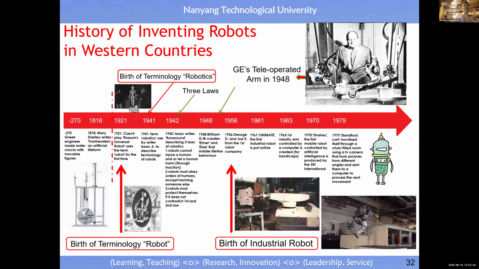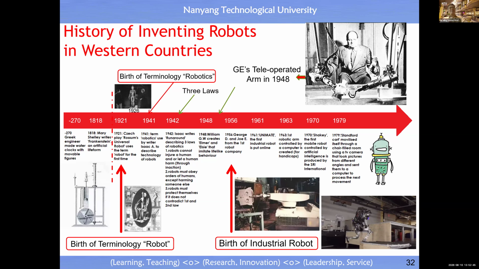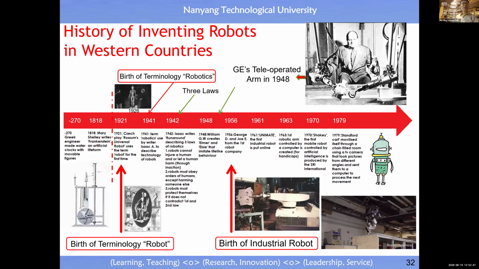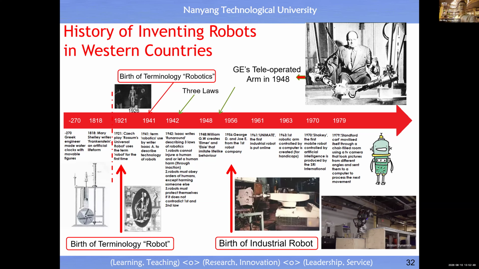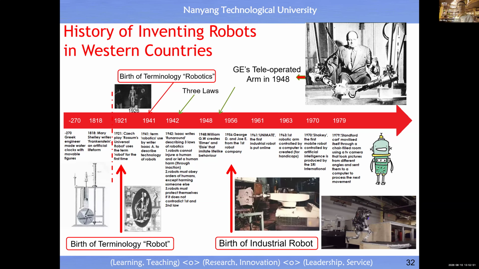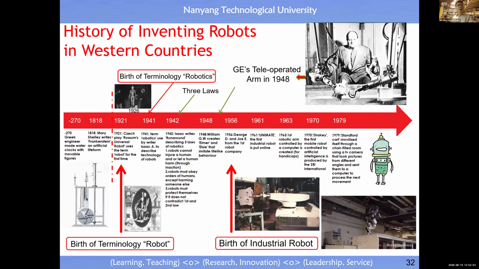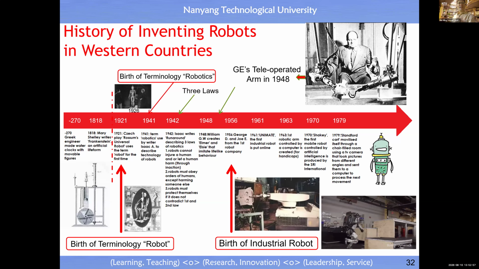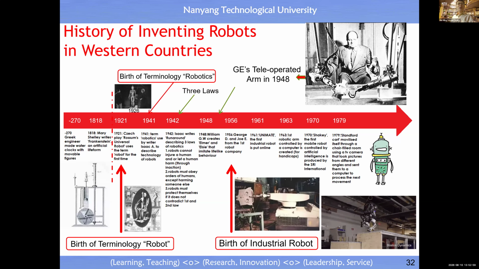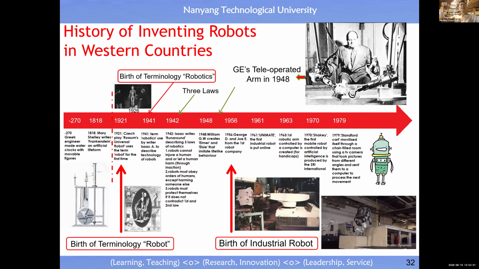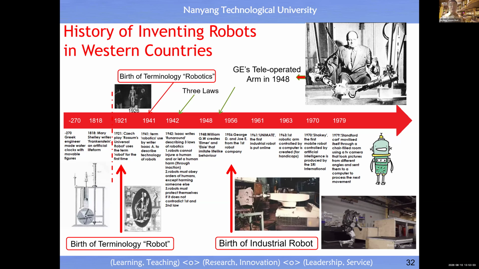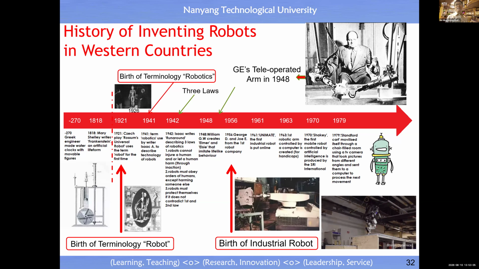Okay, and this slide summarizes a little of what you have seen in the video. The terminology of a robot was born in 1921, and in 1941-42 there was the birth of the terminology of robotics.